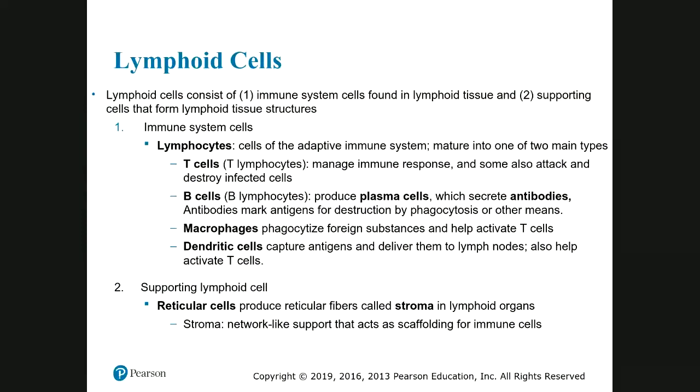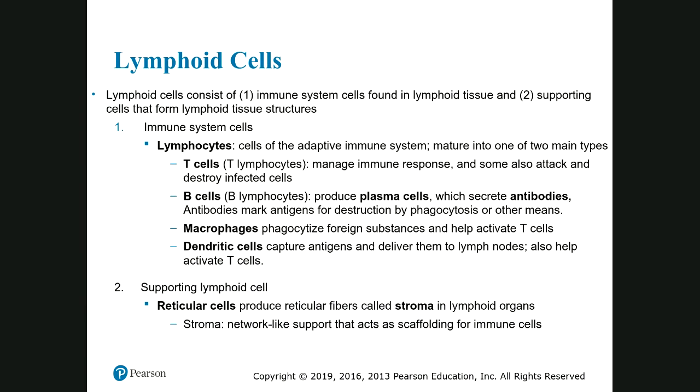All right. And the macrophages engulf, phagocytize the foreign substances or pathogens and also help activate the T cells. And we have the dendritic cells that capture antigens and deliver them to the lymph node. So the lymph node will cleanse that and help activate the T cells.